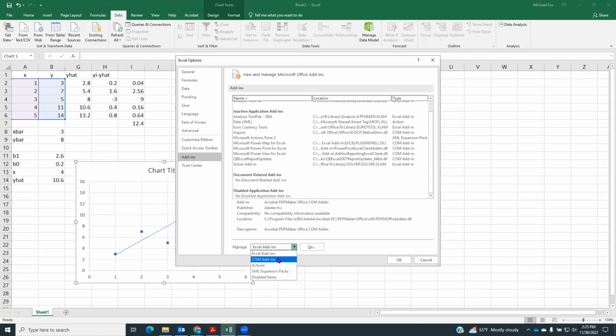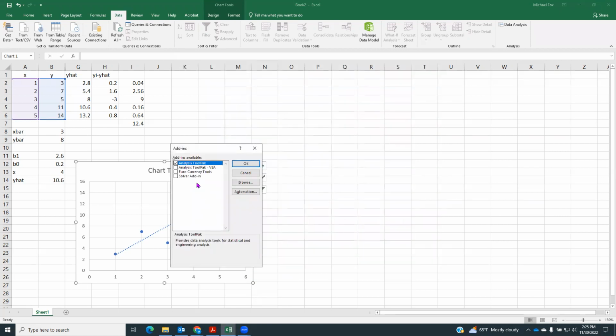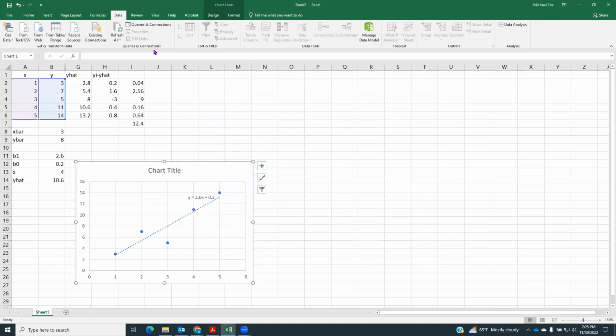If it's not on Add-ins, you can choose it from this list, but mine's already on it. Hit Go, and then we just click the Analysis ToolPak right here. Mine's already checked, so I'm good. Hit OK, and then when you go back and hit Data, that'll be there for you. Okay, so that's how you set it up.